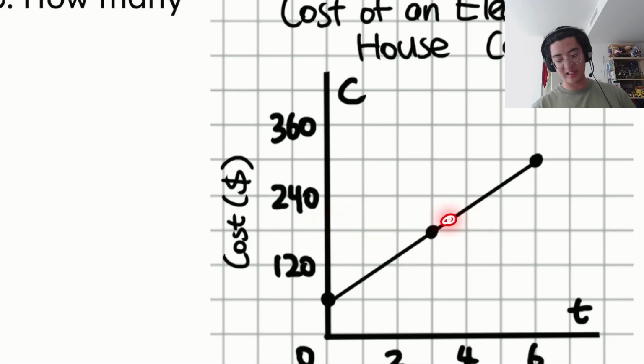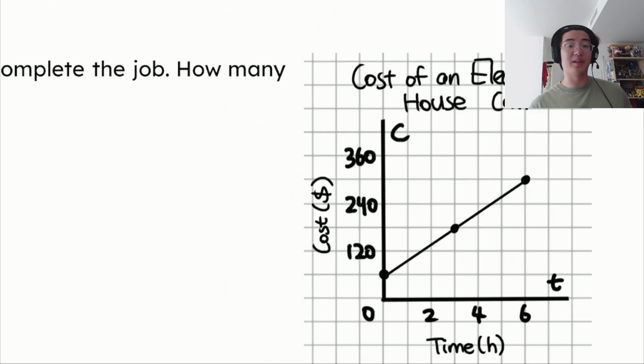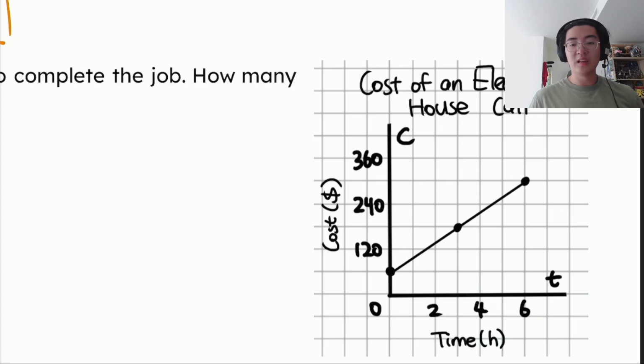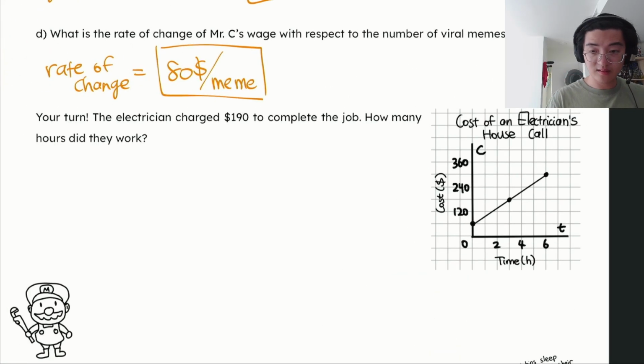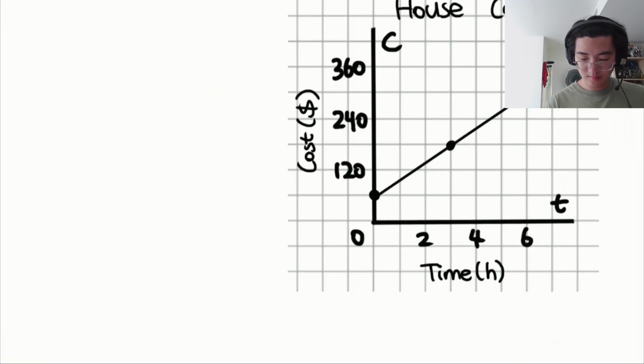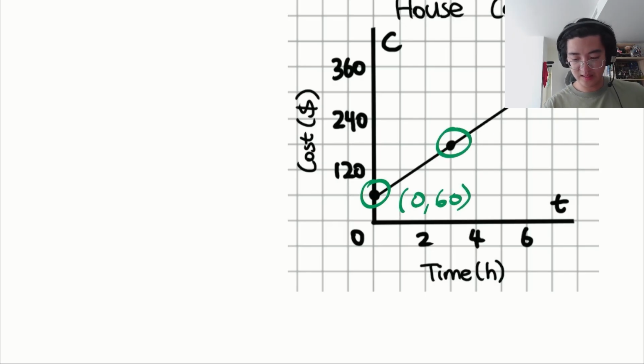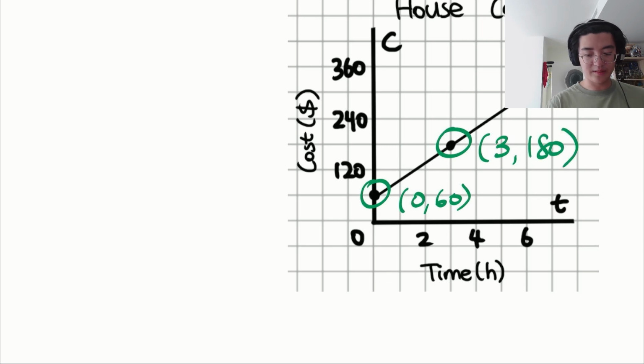We can guesstimate, but we want an exact number. So the first step is we can find the equation for this graph, because we know the y-intercept is at 60. And we can take another point here, let's say this point. That's 3 and 180, because it's going by 60 each time.